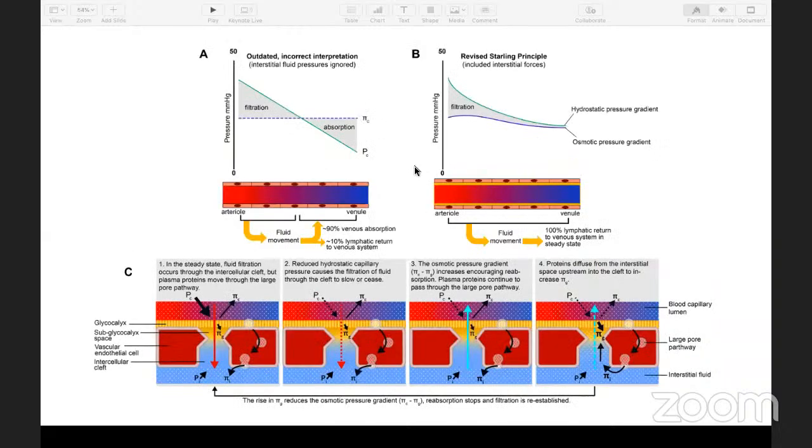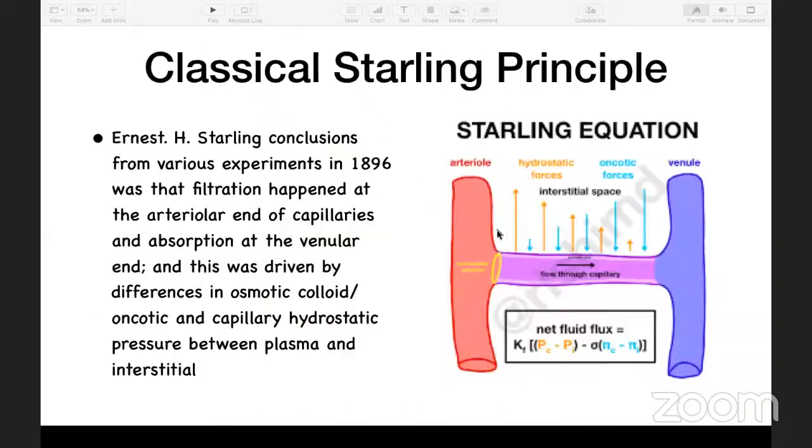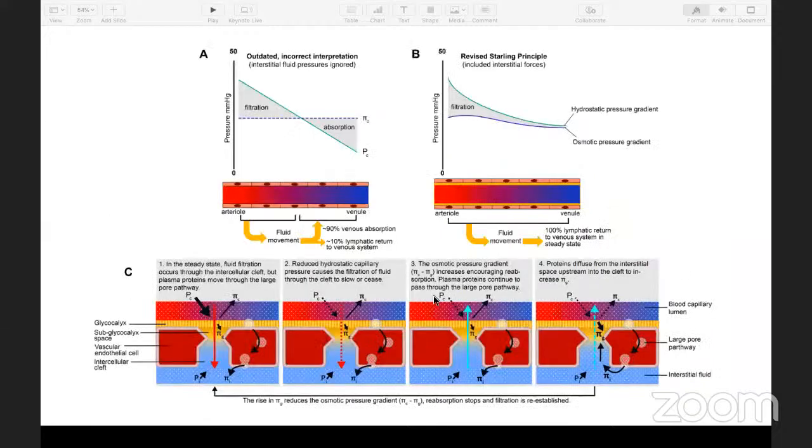So according to the original Starling principle, at the arteriolar end, the hydrostatic pressure was greater than the colloid osmotic pressure, and we had filtration happening. And then at the venular end, the oncotic pressure was greater than the hydrostatic pressure, and we had absorption happening. But now we know that is not what happens.